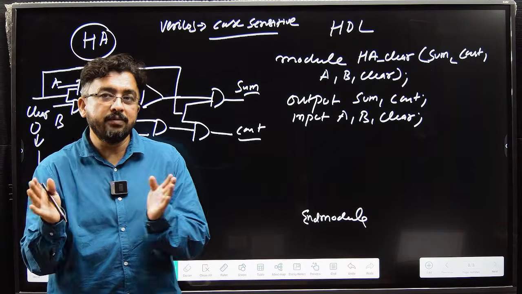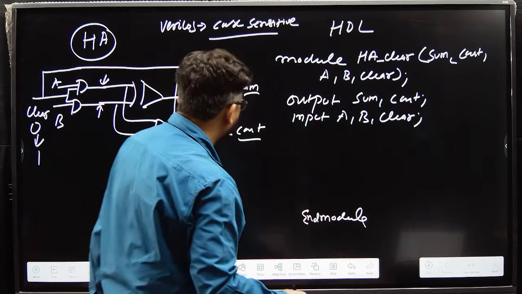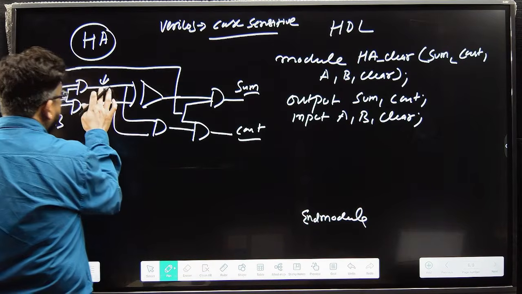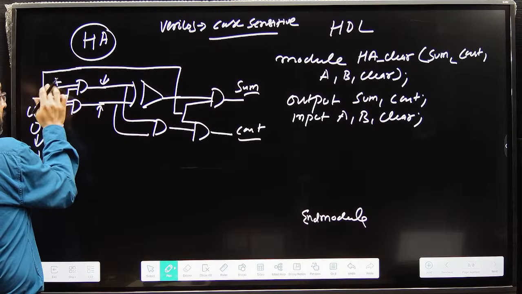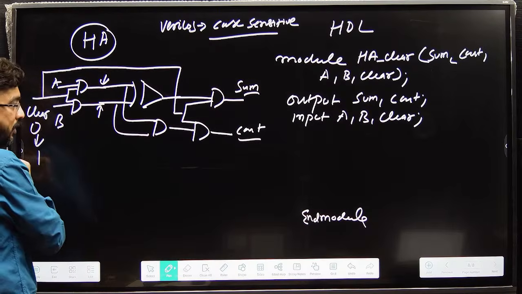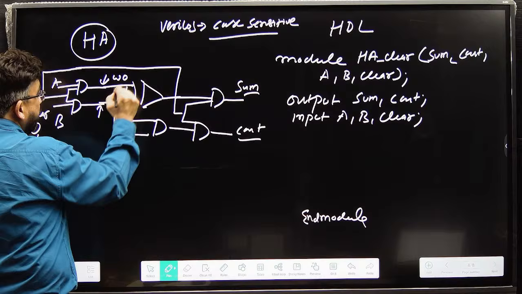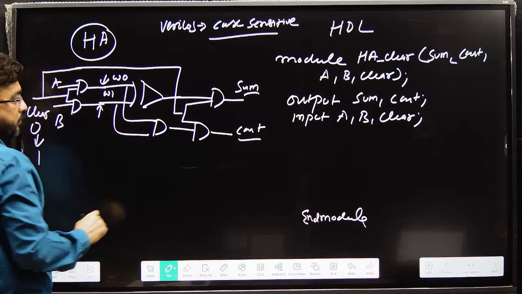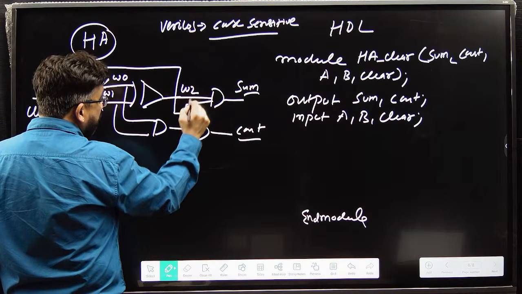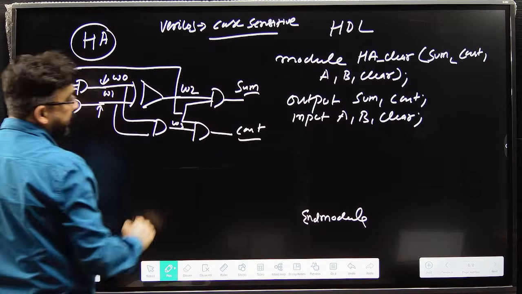So there are some gates, right? Here, see this line. This line is not connected to input, and this line is not connected to the output. So this is called wire W0, W1. Similarly, this is also your W2 and W3.